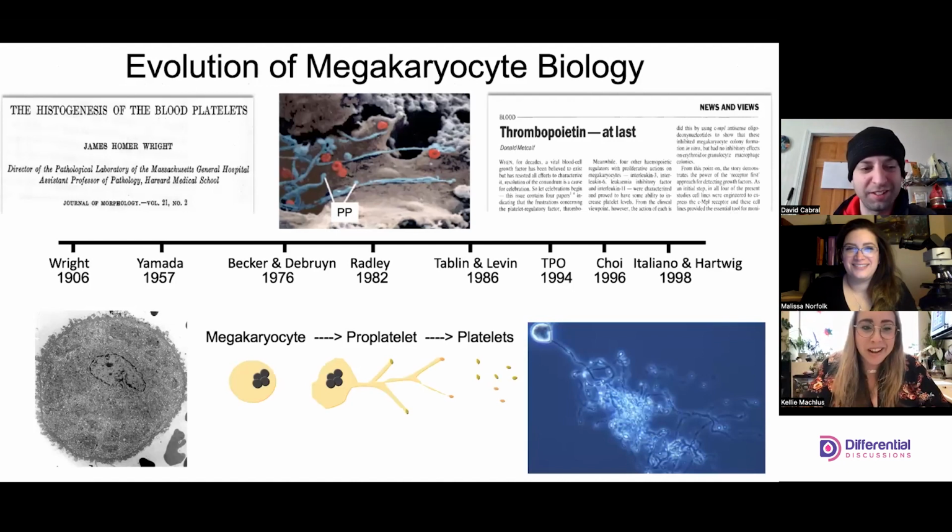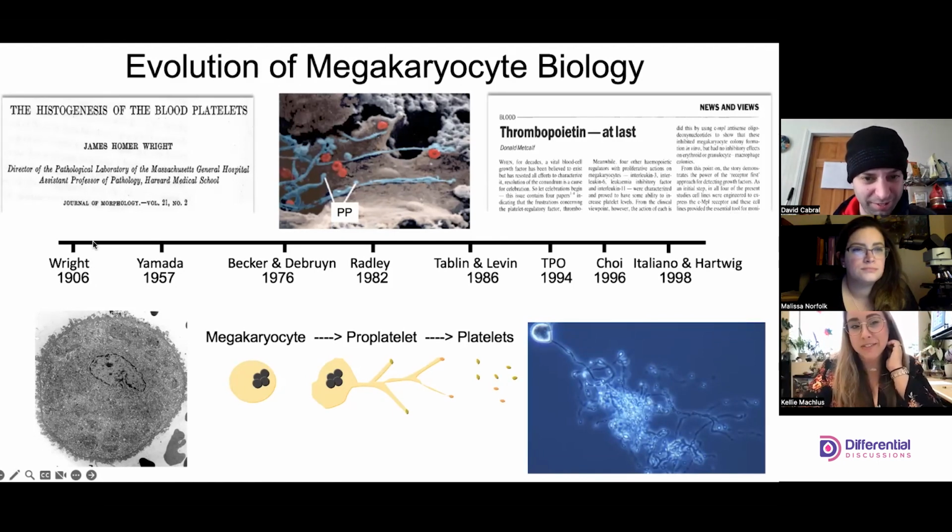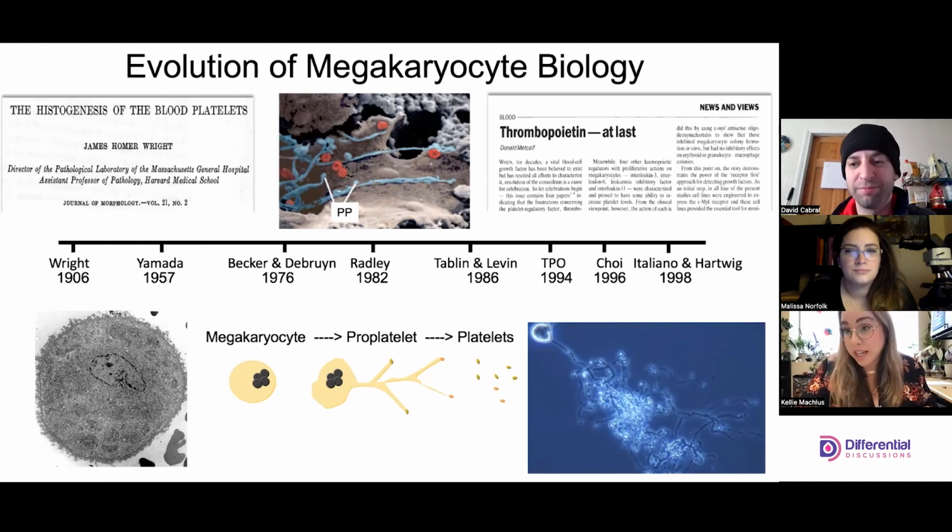So this is kind of what I was talking about in the field. James Homer Wright, we think of as the father of the platelet field. In 1906, at Mass General, he saw what he termed blood plates, because of what they look like in circulation, and those were platelets. In 1957, Yamada first described this highly invaginated membrane system and called it the demarcation membrane.